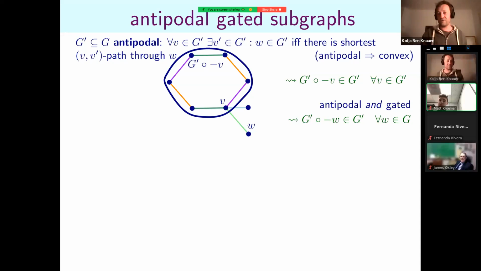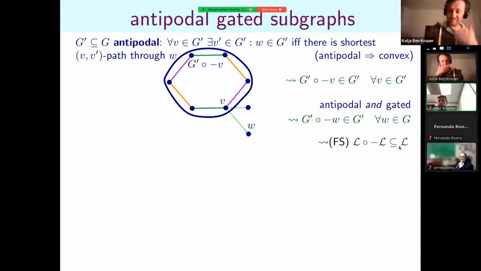So G prime composed with minus W, for any vertex W, will also be a vertex. This looks terribly much like face symmetry, the first axiom that we wanted.